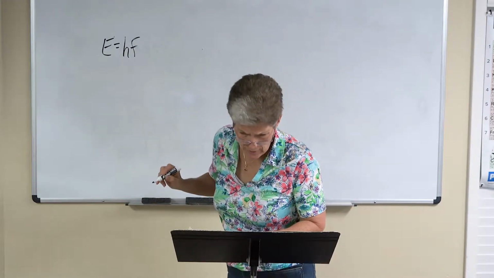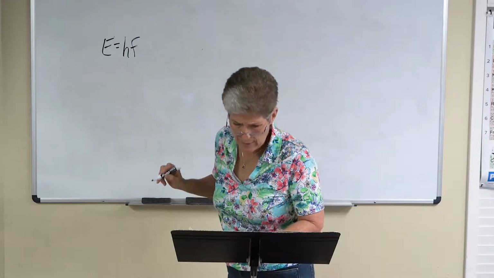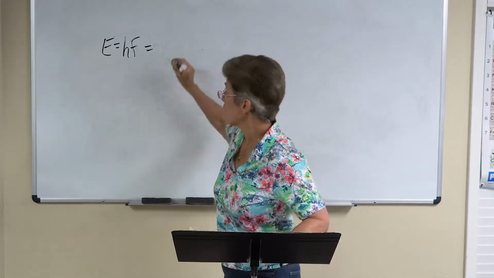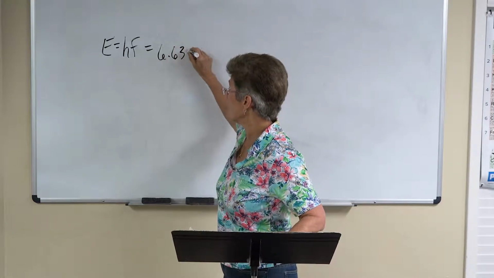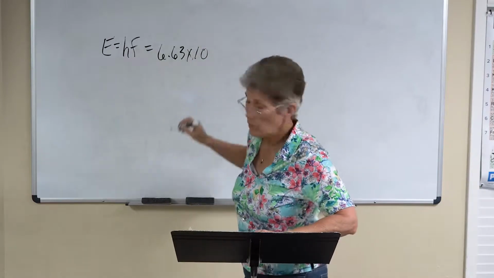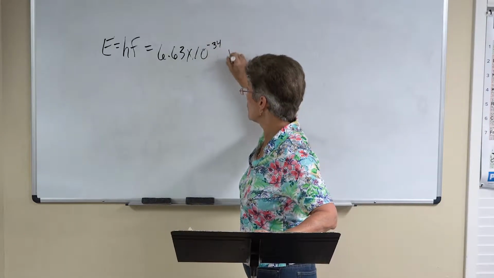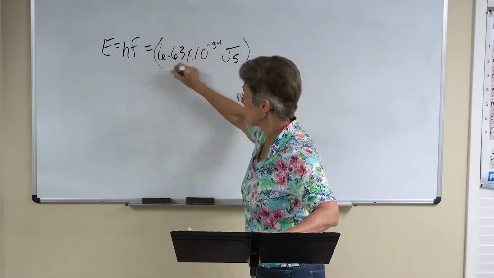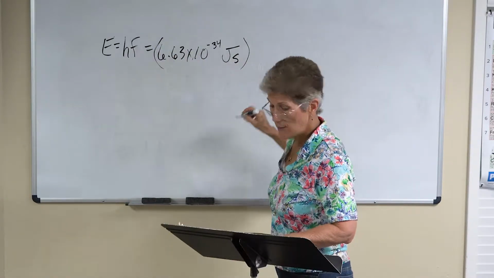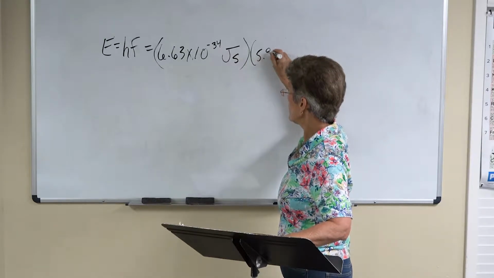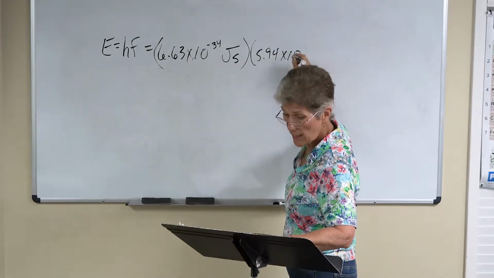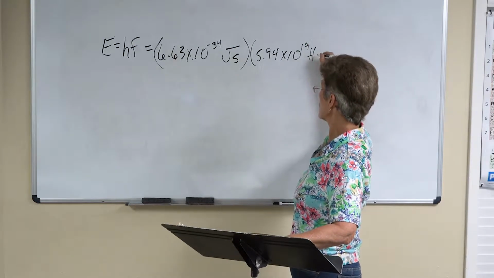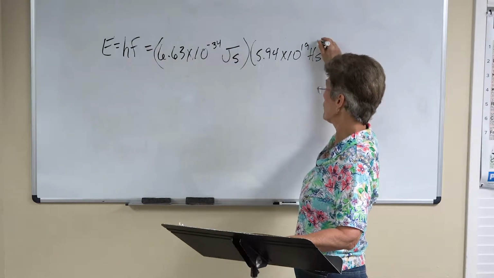A photon has a frequency, so we're given the frequency, so we can just come up here and H is 6.63 times 10 to the negative 34th joule seconds times the frequency, which is given to us at 5.94 times 10 to the 19th hertz, which is per second, remember.